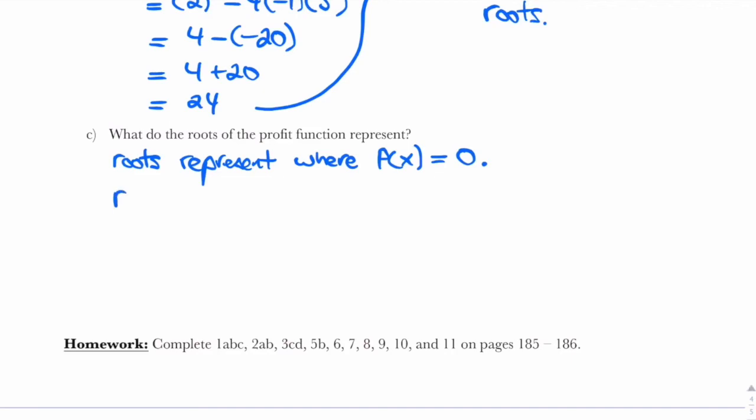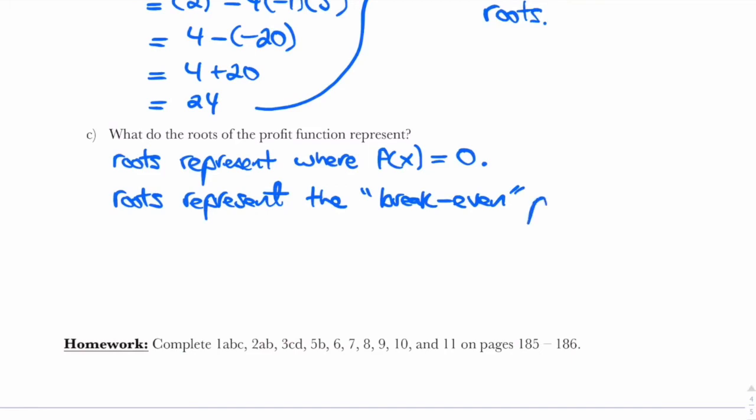So the roots represent the break-even points. When a business breaks even, its revenue equals its costs and it's not making any profit. This isn't always a bad thing for a business, but certainly businesses want to be profitable and therefore have a positive profit.